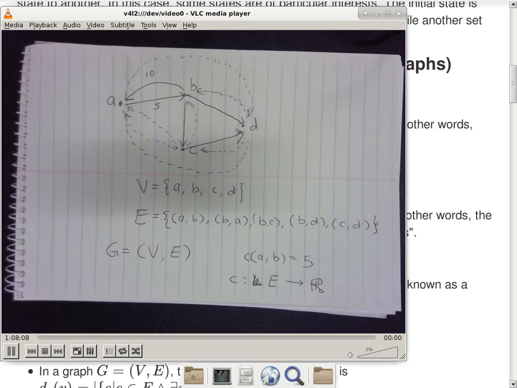That's called the complement of a particular graph: the same vertices, just the quote-unquote opposite edges.